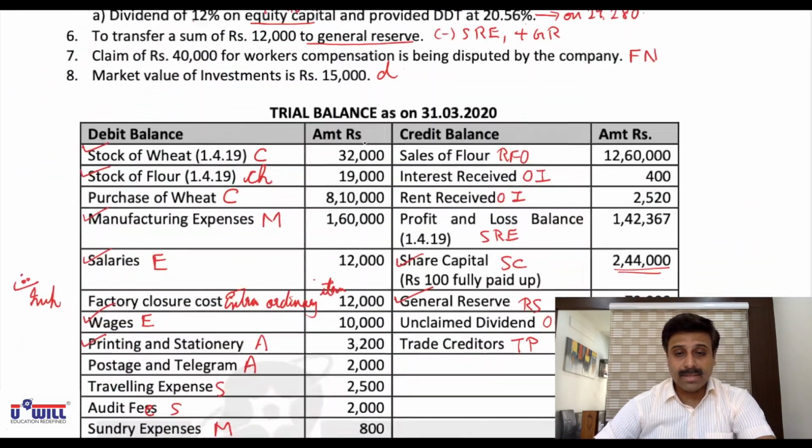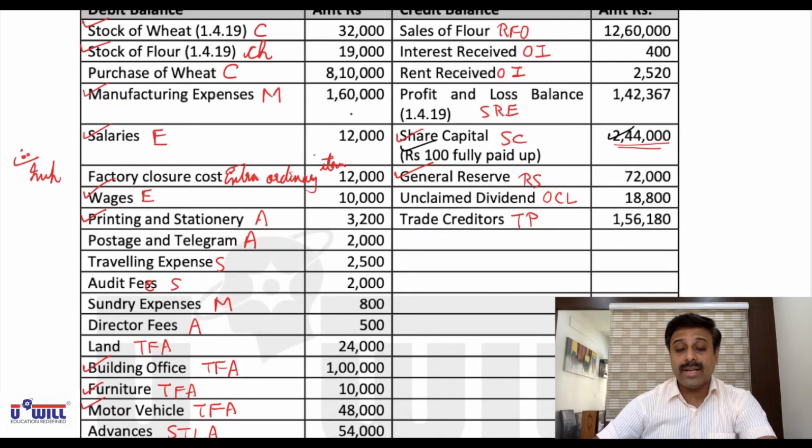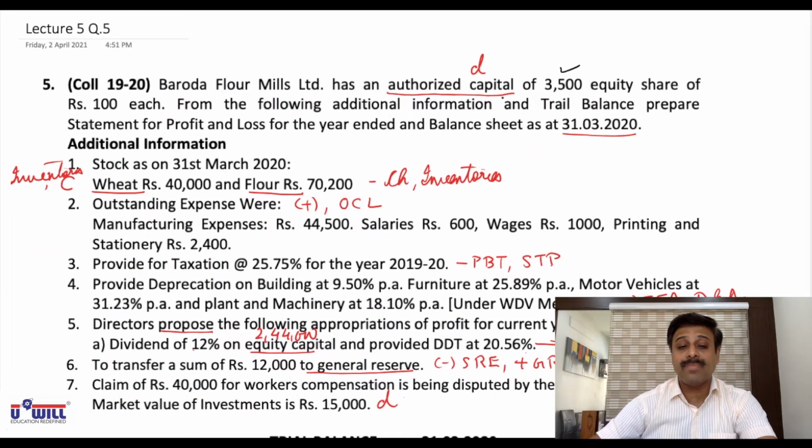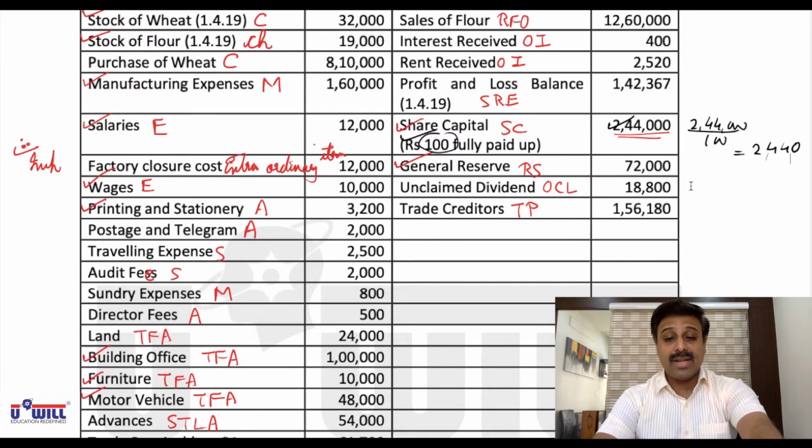Share capital means this 2,44,000, but tick is there, means this disclosure will also come. 3,500 equity shares of 100 each, and 2,44,000 divided by 100. How many shares would be coming in issued capital? Face value is 100. Okay, so 2,44,000 divided by 100, 2,440. This is issued capital.